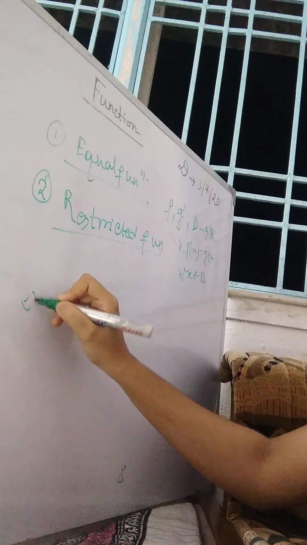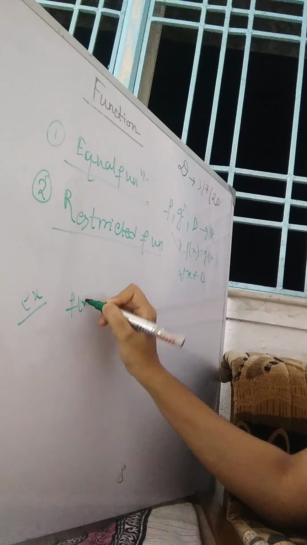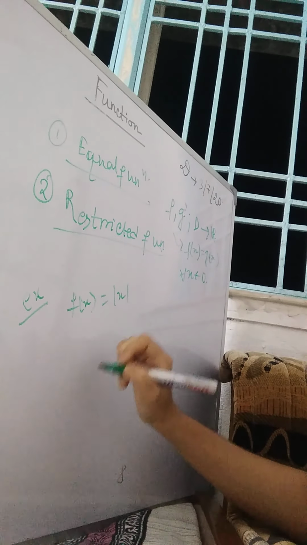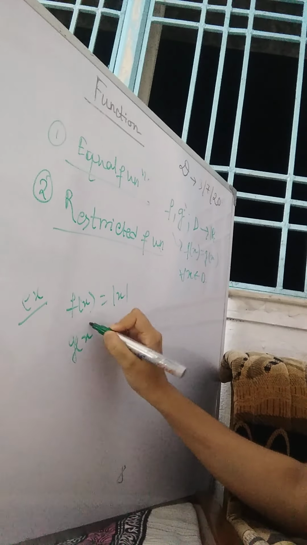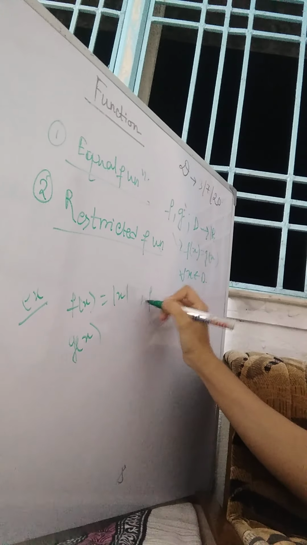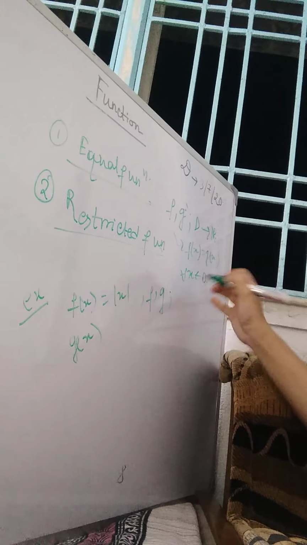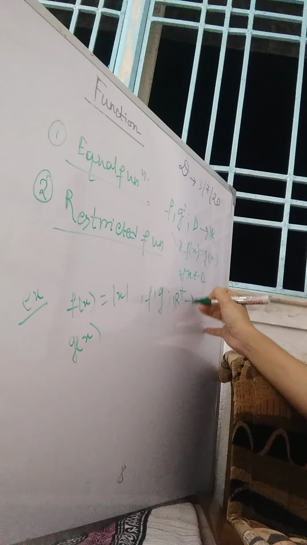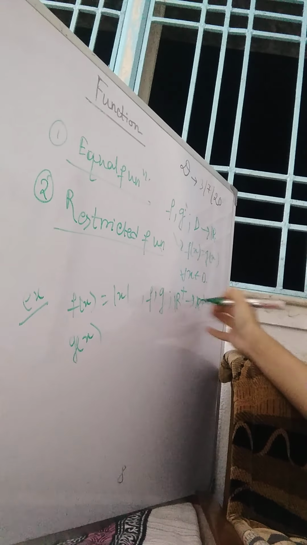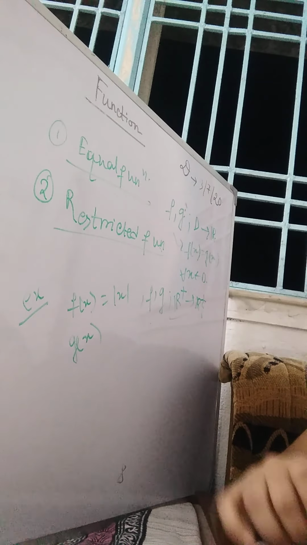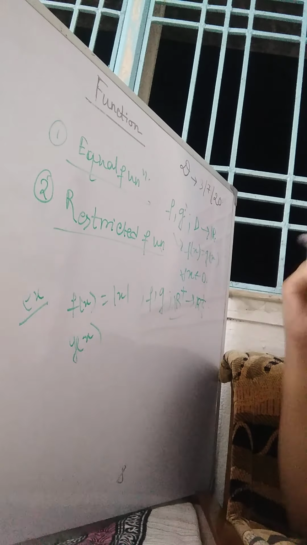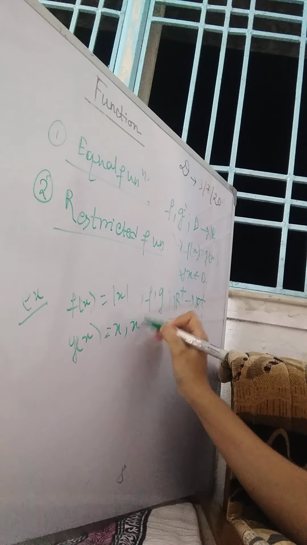Such an example is f of x equals mod x and g of x equals x, where f and g are both defined from R plus to R plus, that is, the positive real number set to the positive real number set, with x greater than 0.